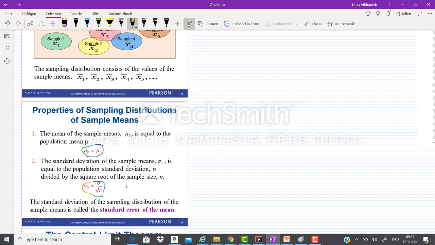Sigma x bar, which is the standard deviation of the sample mean, we call the standard error. We call sigma over root n the standard error.